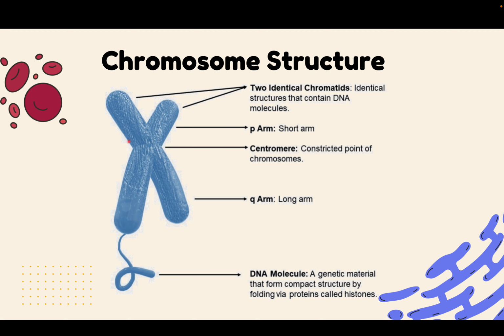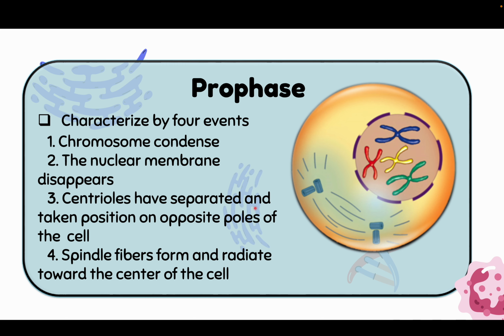So it's a constricted point in the chromosome that will be a basis for the separation of the duplicated DNA material later on. The long arm is called Q arm. So short arm, long arm, and the centromere.